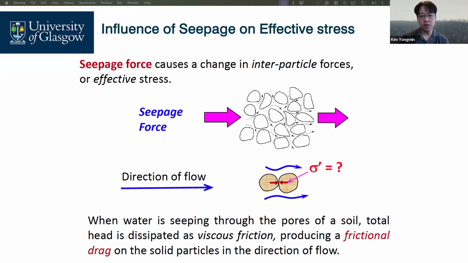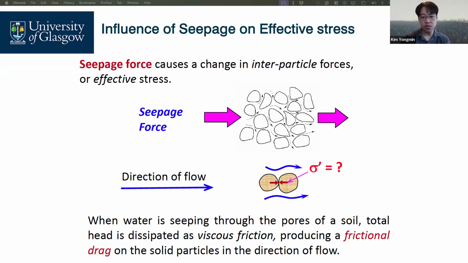So now let's talk about the effect of seepage pressure on effective stress. When water is seeping, the effective stress at any point in a soil mass will differ from that in the static case.